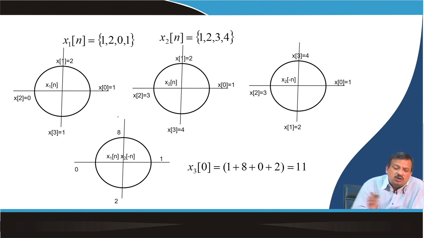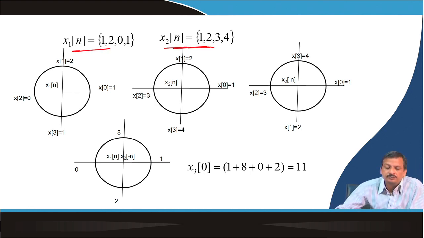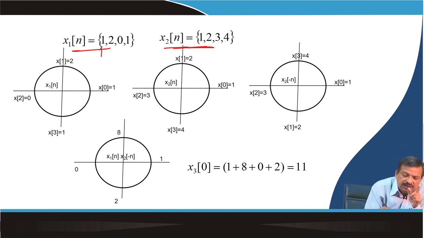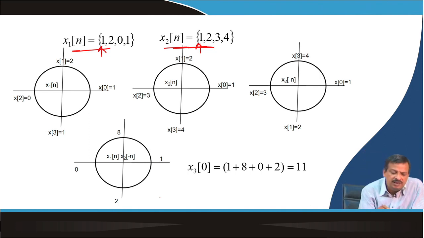Let us say I have a signal x1n and I have another signal x2n. For x1n, the 0th sample is at this position, and here also the 0th sample is at this position. If I want to represent the signal in a circular sampling system, how do I represent it? Let us say I start here as my 0th index.